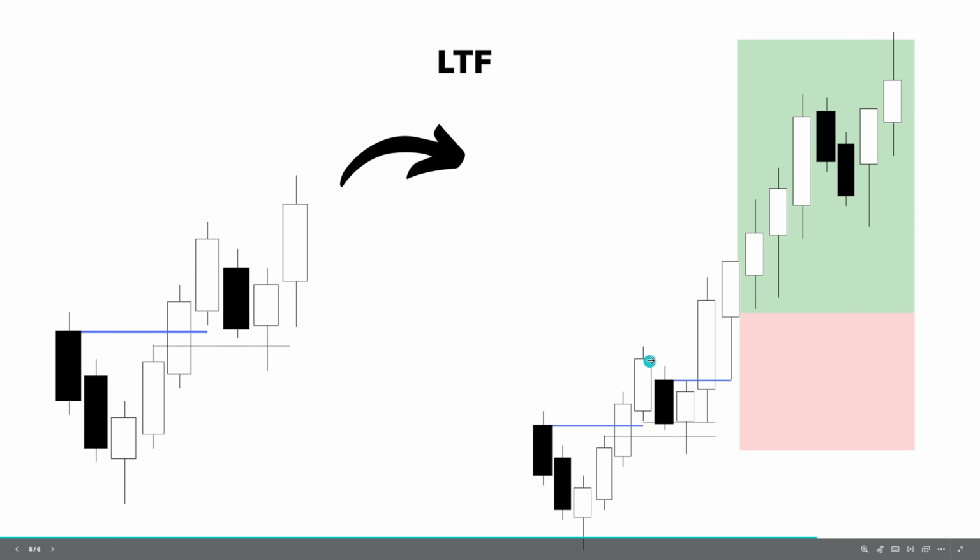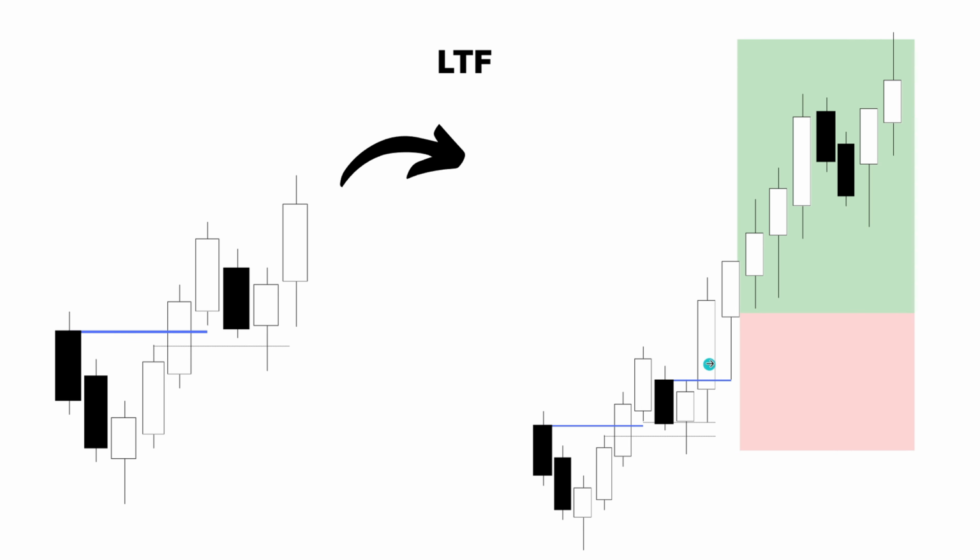Then after this expansion, we retrace back again into a PD array, and after we make a close above this down close candle, making a second change in the state of delivery, with these new candles open for longs, I can expect price to go higher, stop loss at this failure swing, take profit on our trail liquidity or focusing on 2RR.